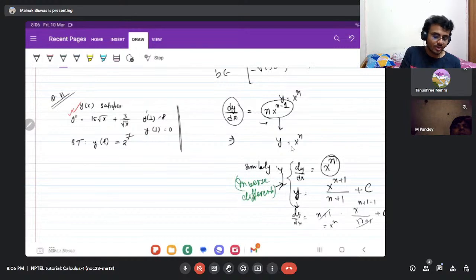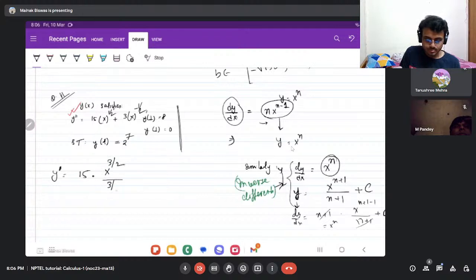Okay. So from the second derivative to come to the first derivative, let us do it. So 15 x to the power half, right? And this is x to the power minus half. So what will it be? x to the power 3 by 2 by 3 by 2. Agreed?